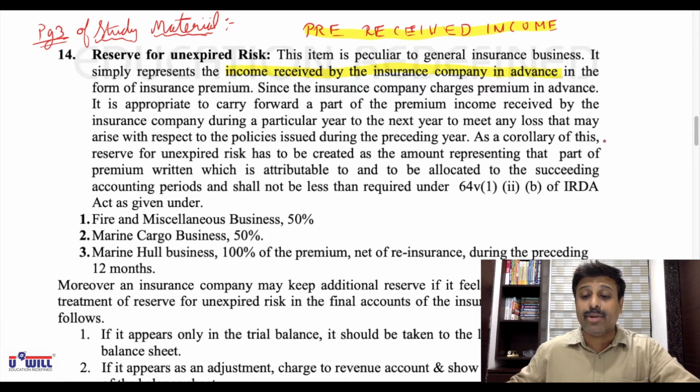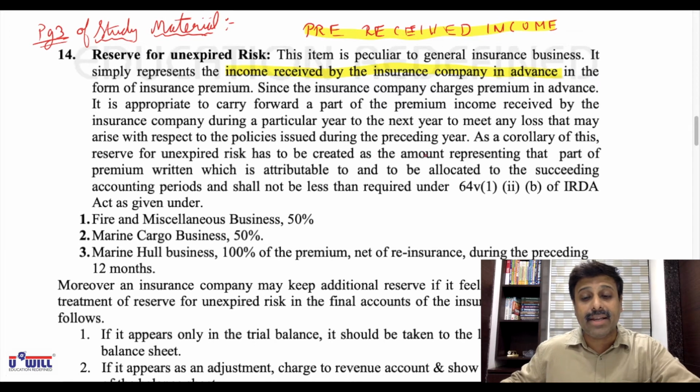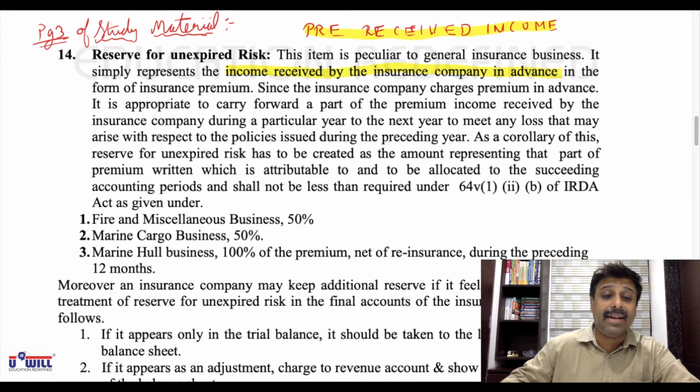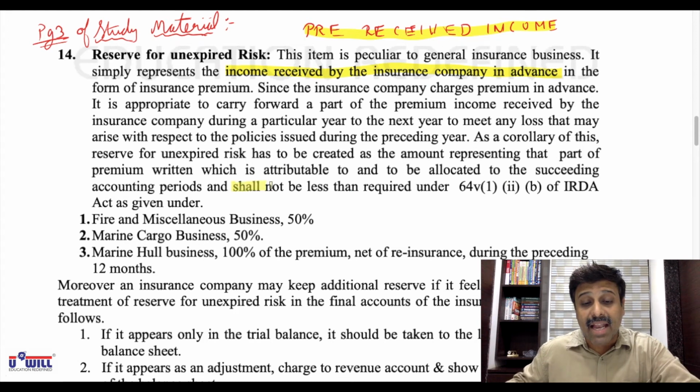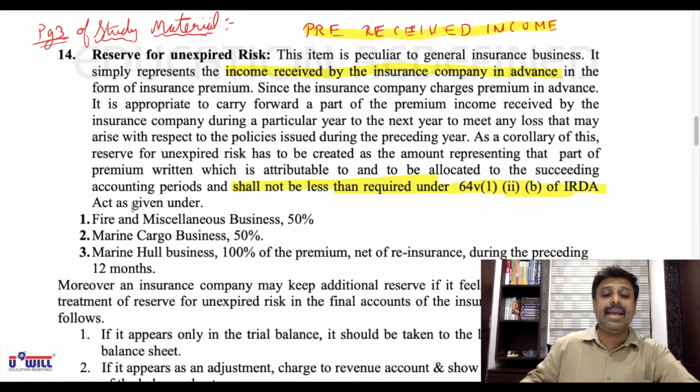As a corollary to this, reserve for unexpired risk has to be created as the amount representing that part of premium return which is attributable to and to be allocated to the succeeding accounting periods, and now this is important, shall not be less than required under section 64 V(1)(ii)(b) of the IRDA Act as given.